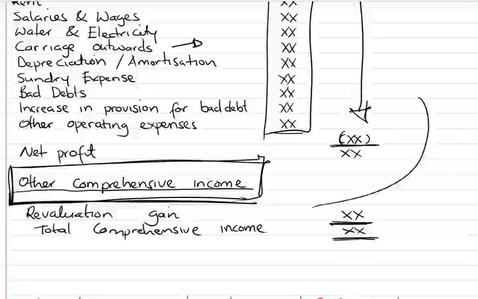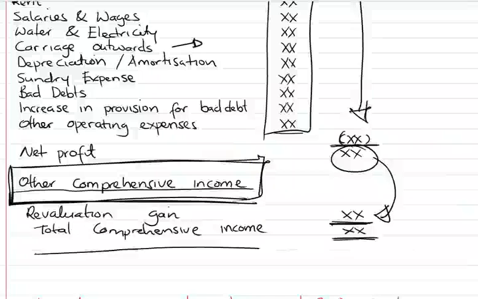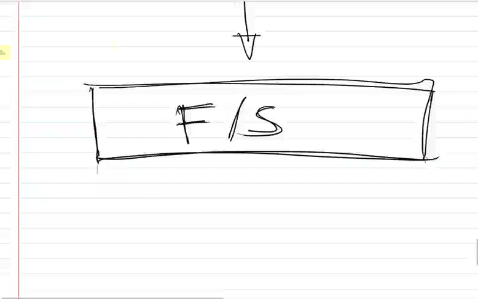If we include it as realized income, we have misrepresented our financial information. So we have to separate this. If I add up the net profit plus our other comprehensive income, we should find total comprehensive income. That's how the pro forma works.